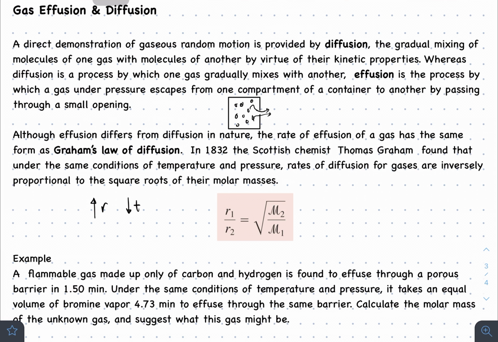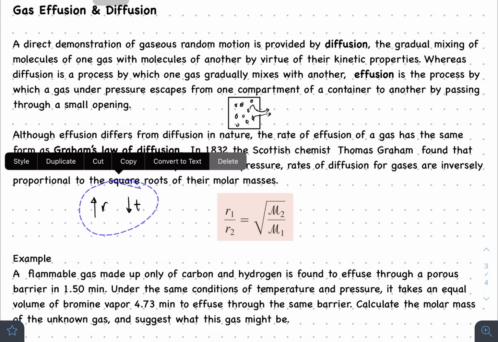In effusion and diffusion, we will follow Graham's law, for both concepts. At the same temperature and pressure, the rate of diffusion of gases is inversely proportional to the square roots of the molar masses, which makes sense.